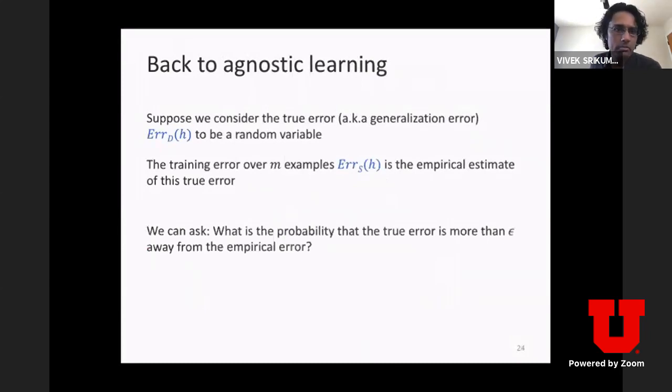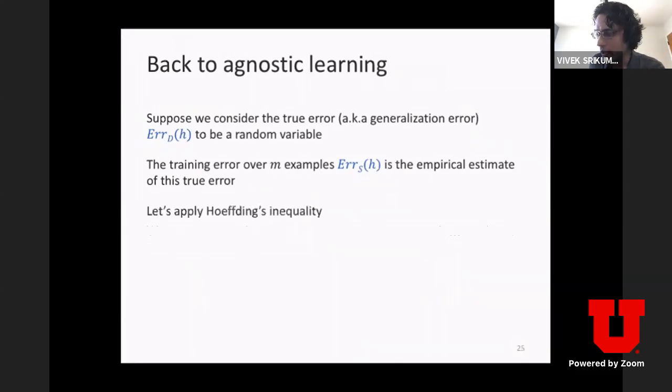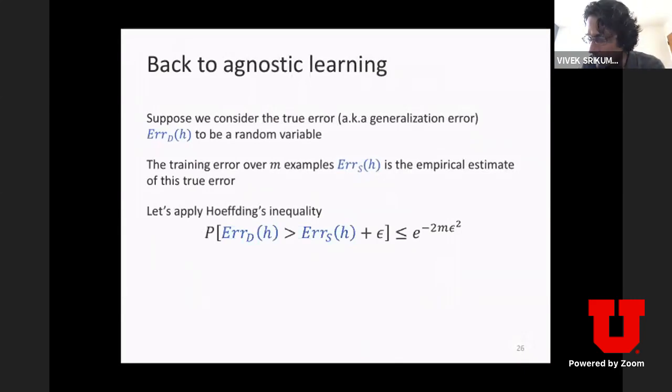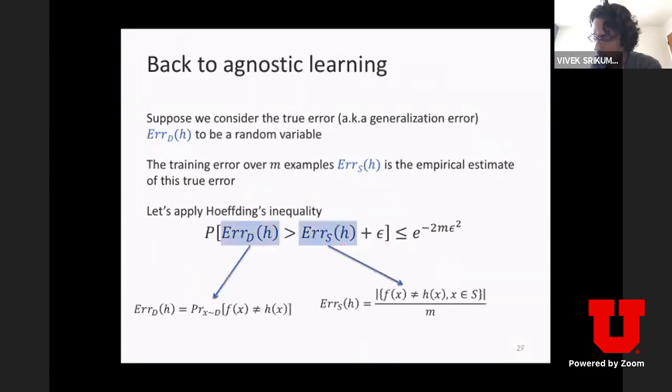So then we can ask, what's the probability that the true error is more than epsilon away from the empirical error? We can apply Hoeffding's inequality. Hoeffding's inequality tells us that the probability that the true error is more than epsilon away from the empirical error is less than e power minus 2m epsilon squared. I have literally just pasted this in.